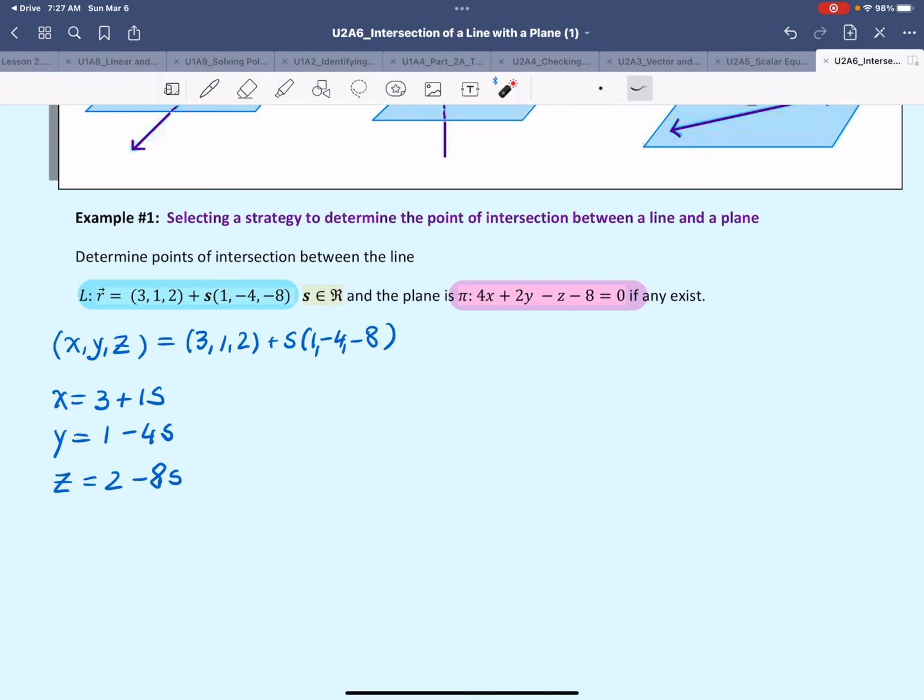Now we're going to say that this point will be on this plane if the coordinates x, y, and z will satisfy the equation.